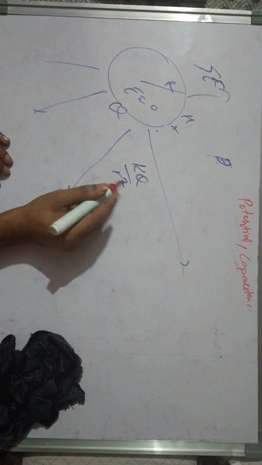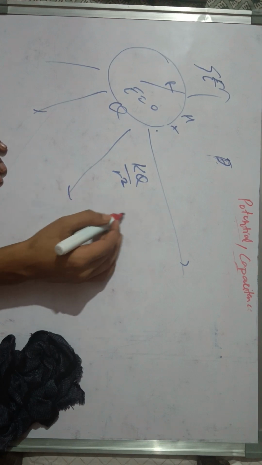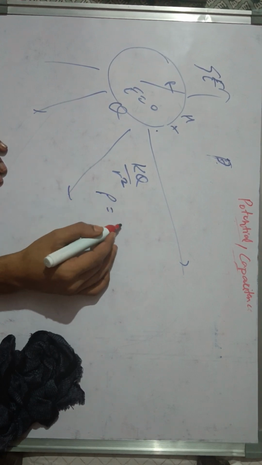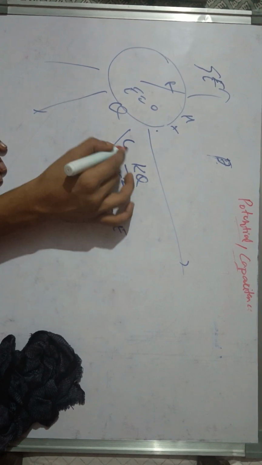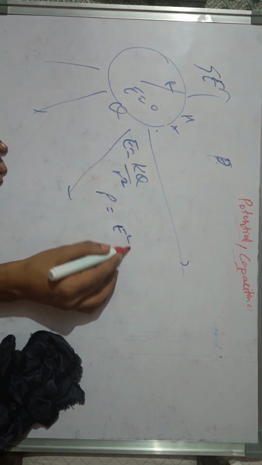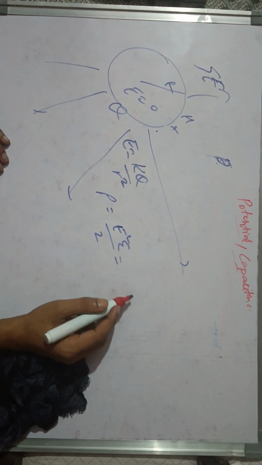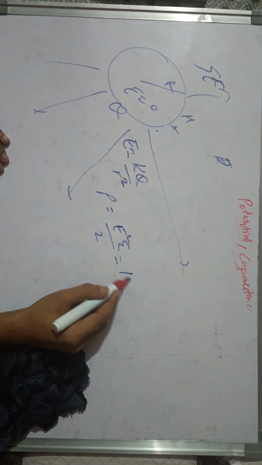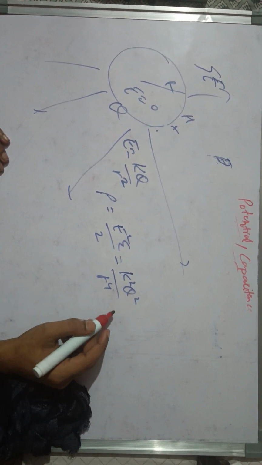Simply here, the energy density is equal to E square epsilon by 2, where E is kq by r square. This gives k square q square epsilon by 2 r to the power 4.